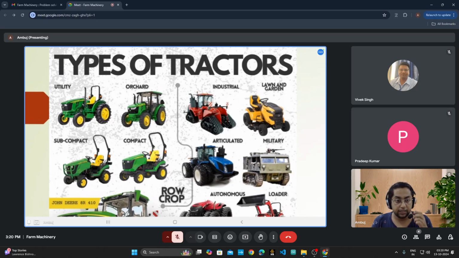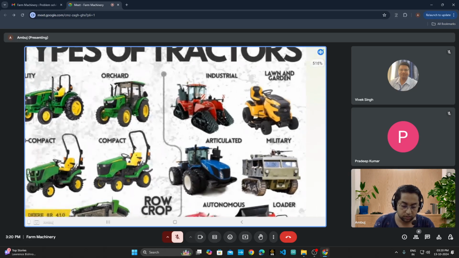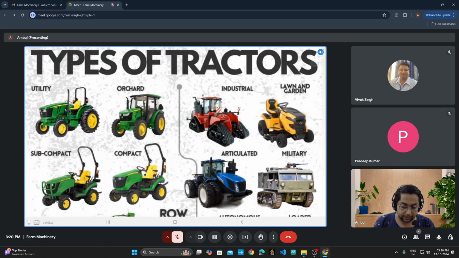Then comes your industrial tractor. Here you can see an industrial tractor in this picture. An industrial tractor has caterpillar type tracks, which allow it to move from one place to another without much compromise on traction.